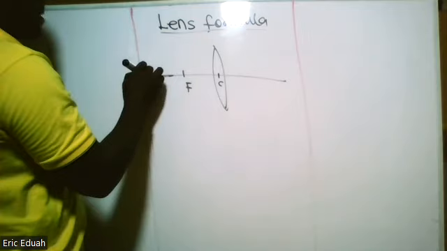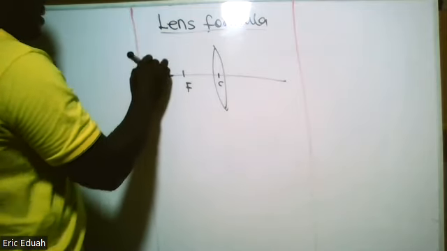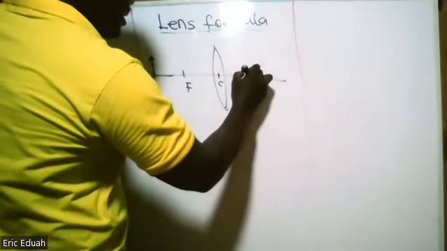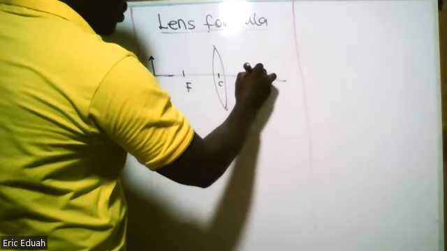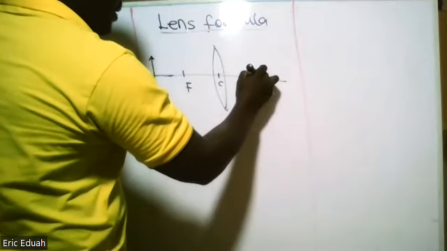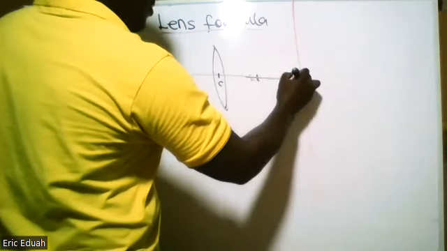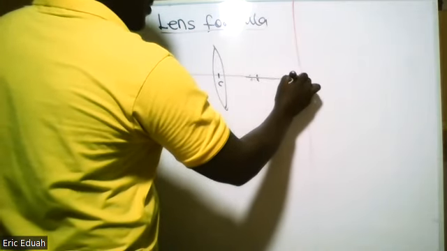When you place the objects in front, I'm trying to create something just to explain so we could move on quickly. We shouldn't waste time on this because it's the same as what we've done under mirrors.